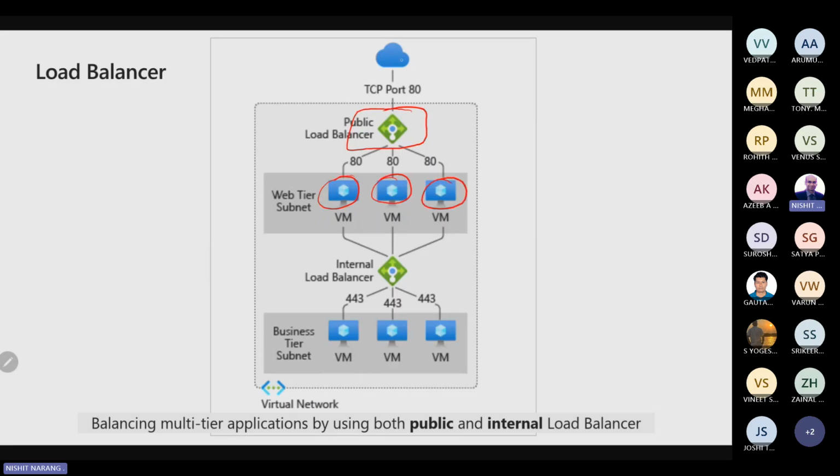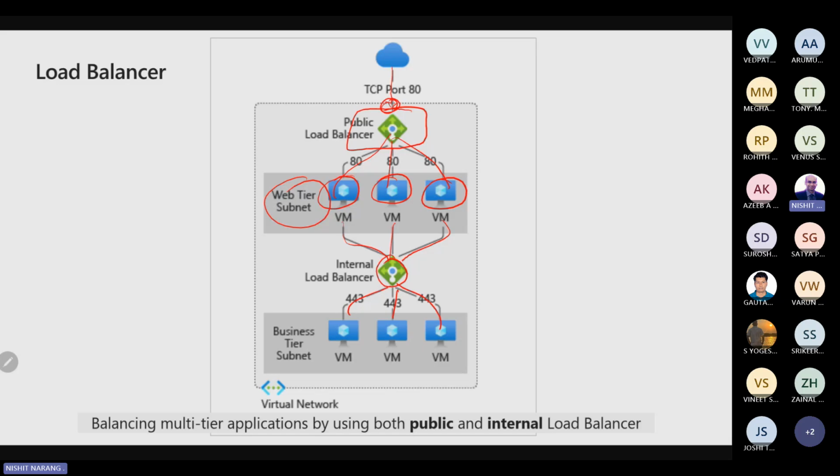You can actually expose to the internet the IP address of the public load balancer. All traffic will come to the public load balancer. The load balancer can balance it amongst all the VMs which are part of your web tier. There can also be an internal load balancer which receives all traffic for the logic tier and then distributes it amongst all the VMs in the logic tier.